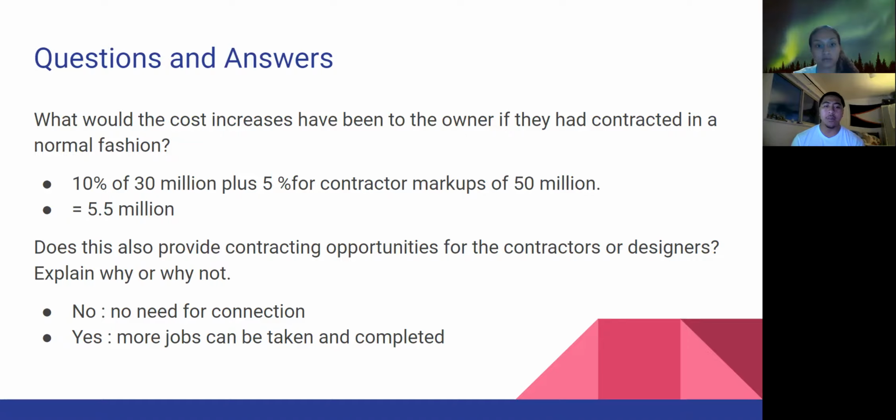So that would come out to be $5.5 million that would be charged to the owner if you went the vertical route.